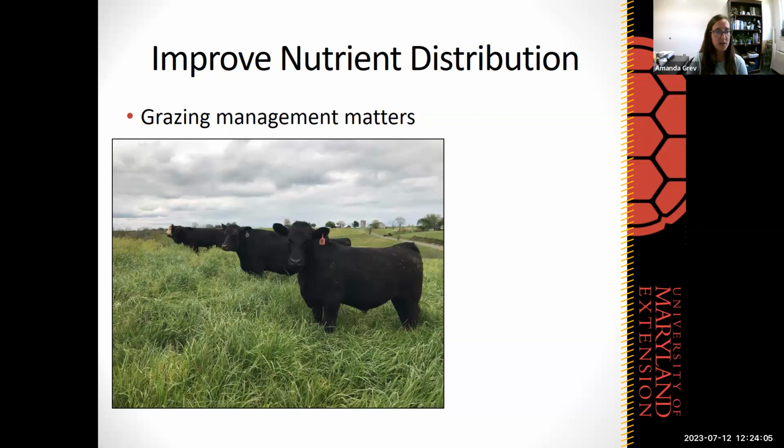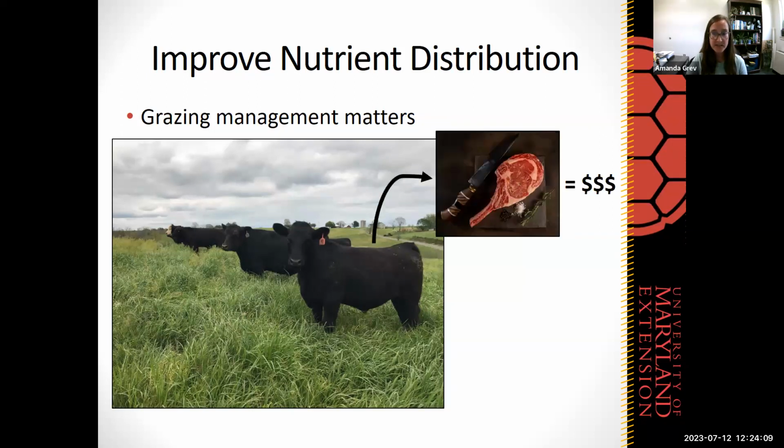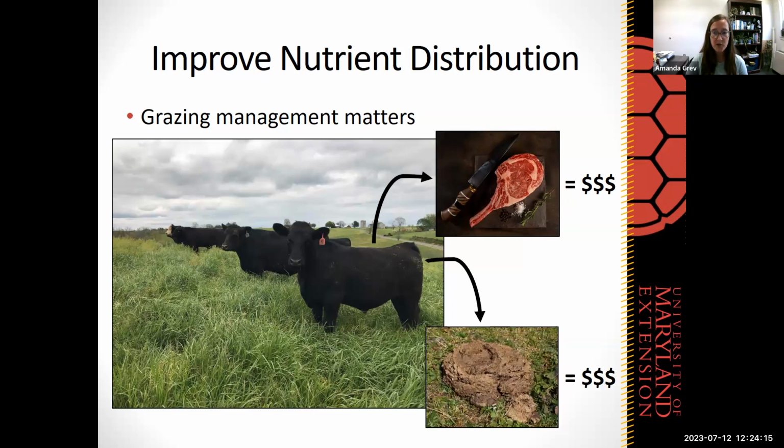And so usually when we look at animals on a pasture, we think of the animals themselves as the dollar value, right, from that pasture, which is still true. But I also encourage you to consider that the manure from those animals also contains a high dollar value that can be applied to the pasture as well and can turn around to produce more forage and apply nutrients and all that type of thing.